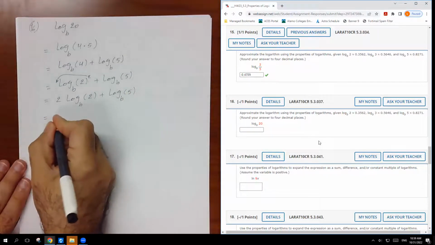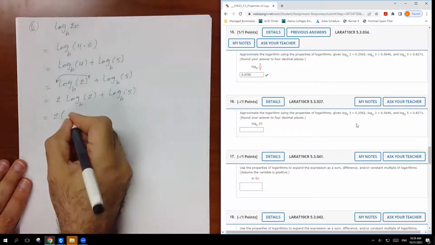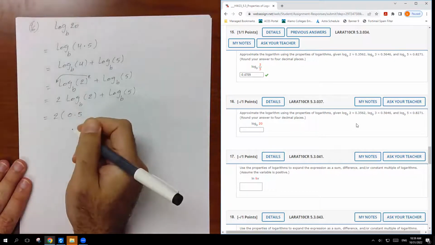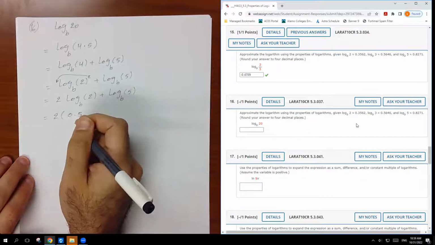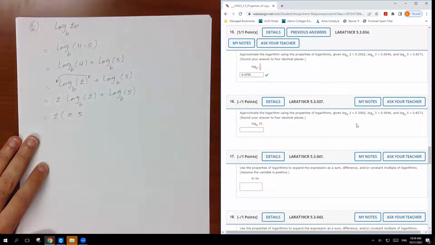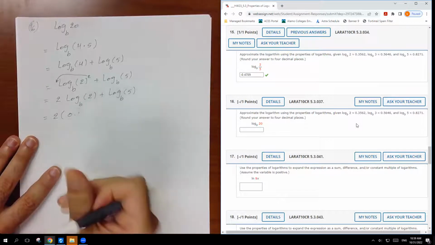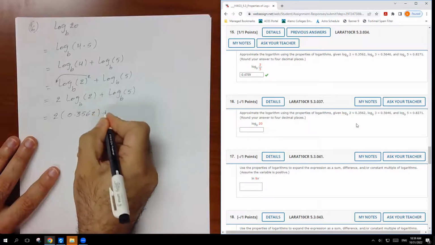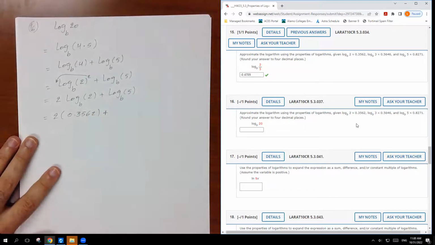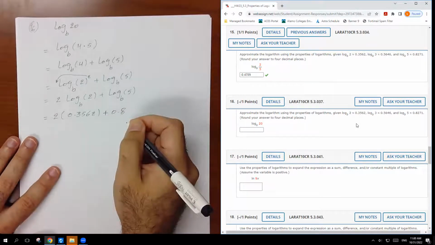In this case, it's going to be 2 times log to the base b of 2, which is 0.3562, plus log to the base b of 5, which is 0.8271.